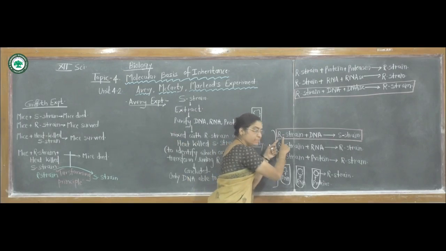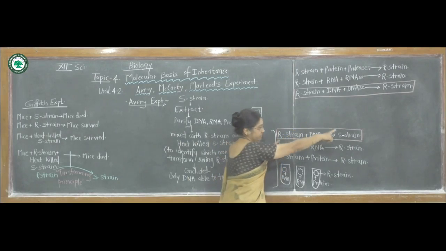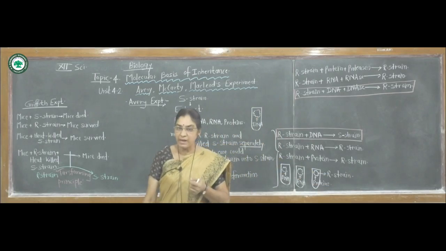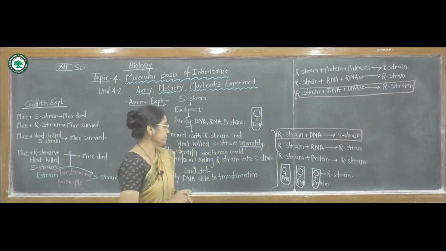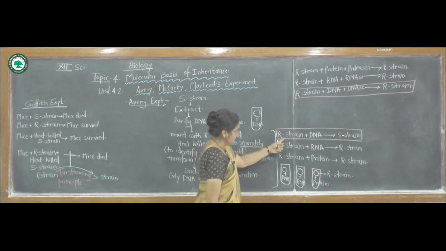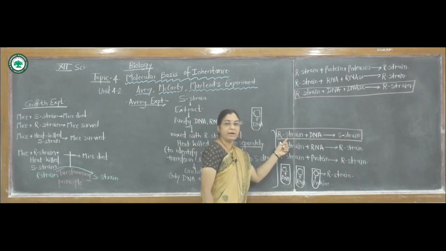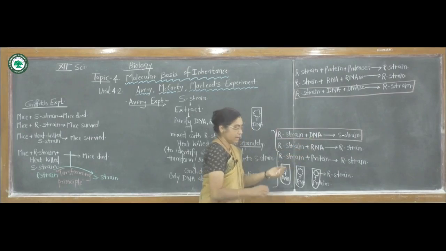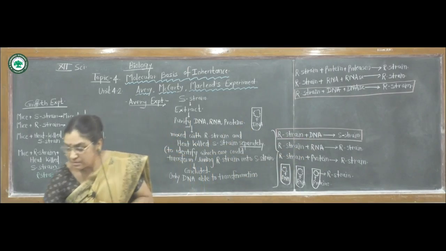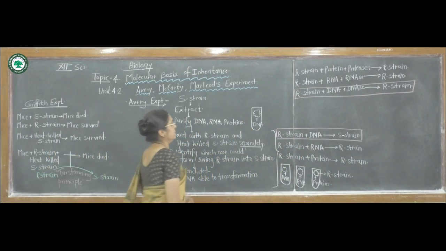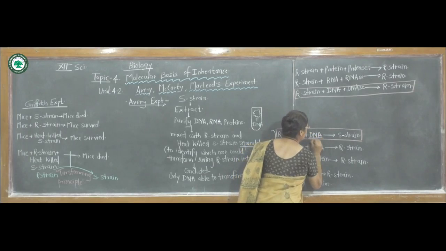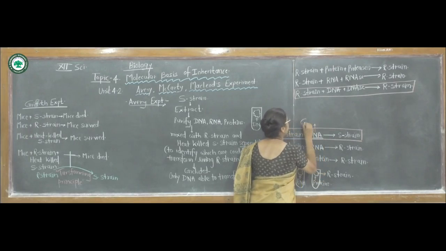That means the non-pathogenic bacteria get transformed into the S strain bacteria. And so Avery and his associates concluded that DNA must be the genetic material. So only DNA is the genetic material.